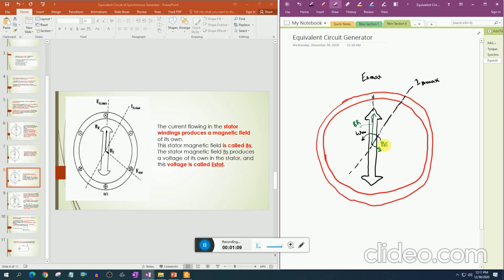This stator magnetic field is changing, and it links with its own stator winding and induces its own voltage in the winding, which coincides with the stator magnetic field, and this voltage is called E stat.